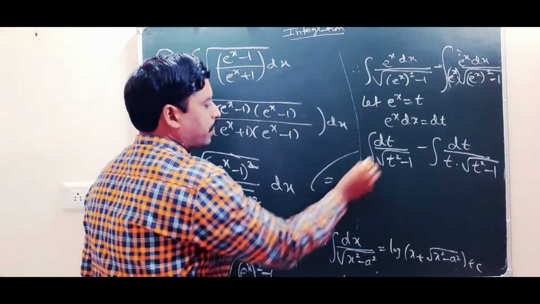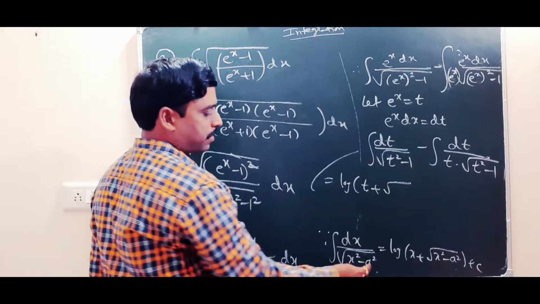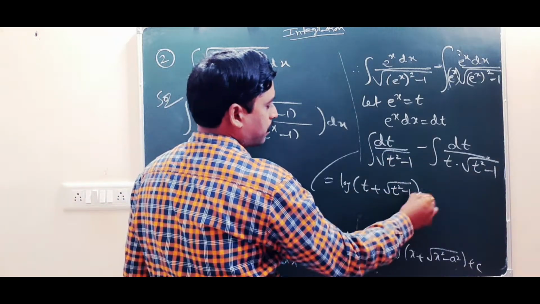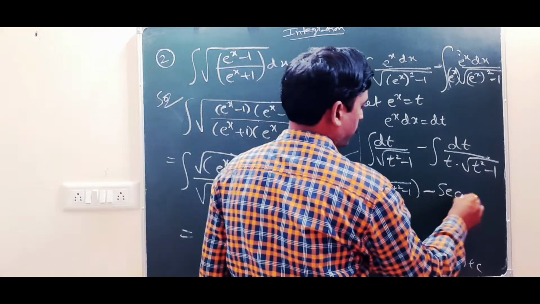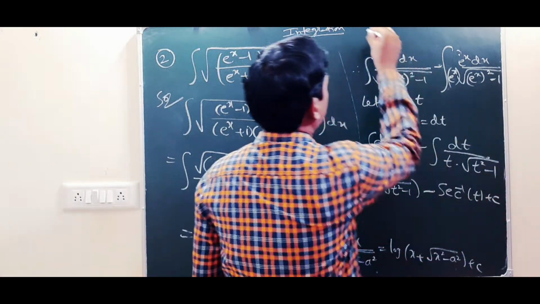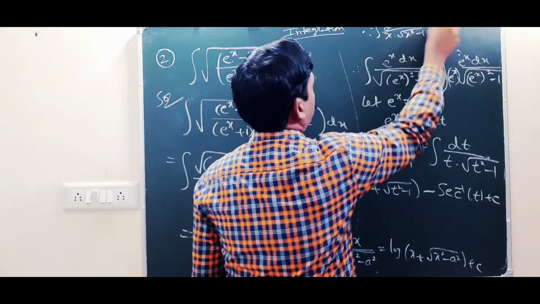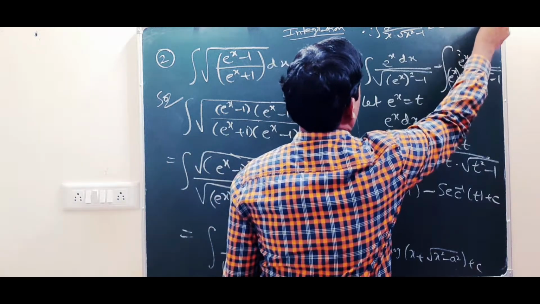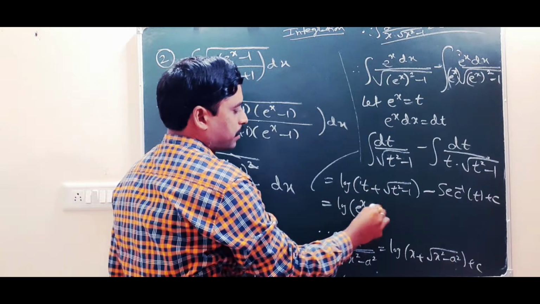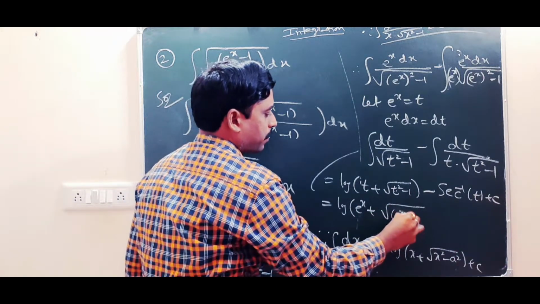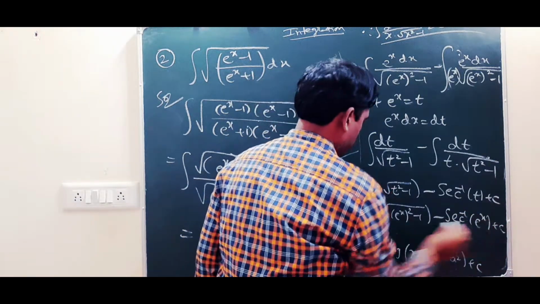So it will be log of t plus root under t square minus 1, with a equal to 1, minus secant inverse t plus c, since integral dx by x into root x square minus 1 is secant inverse x plus c. So in place of t write e to the power x: log of e to the power x plus root under e to the power x whole square minus 1, minus secant inverse e to the power x plus c. So this is the answer.